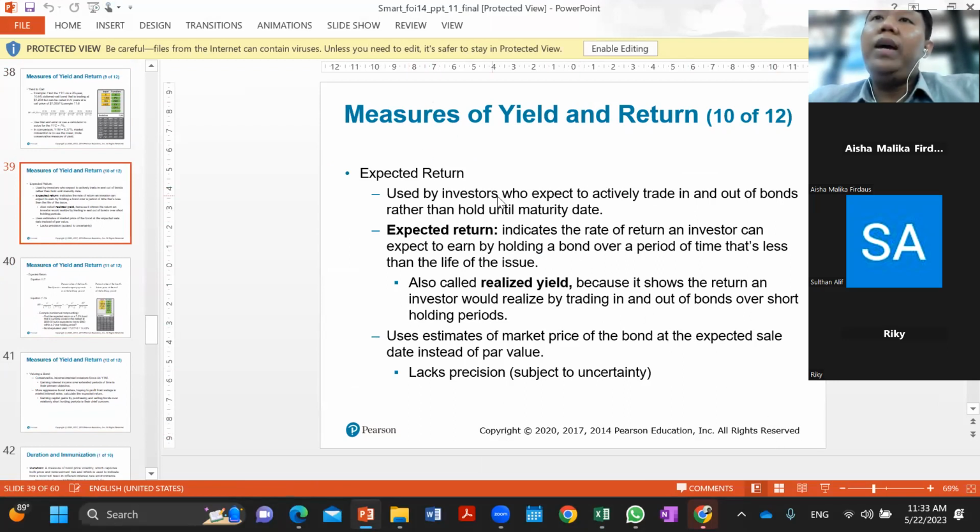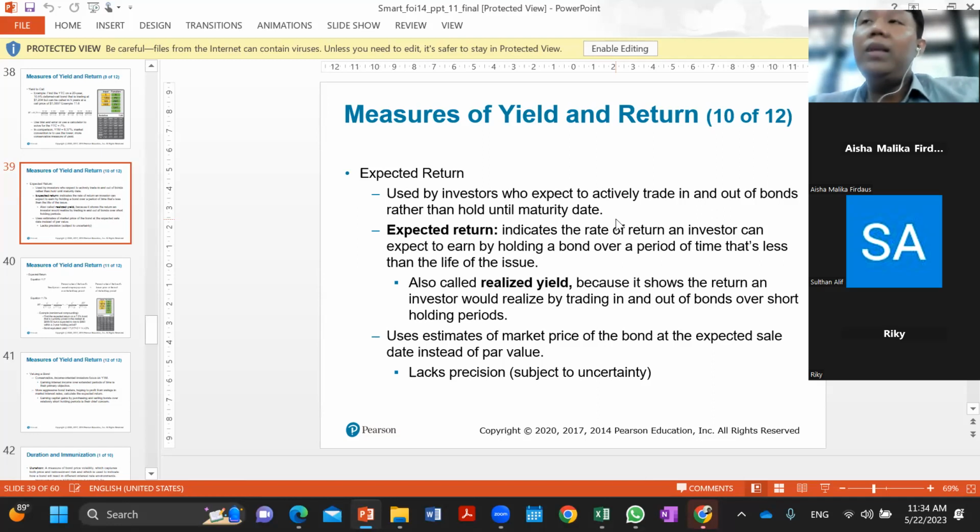Expected return is used by investors who expect to actively trade in and out of bonds rather than hold until maturity. I said before that yield to maturity is an indicator of expected return, right? But that's with the assumption that you hold the bond until maturity. You will not sell the bond before its maturity.